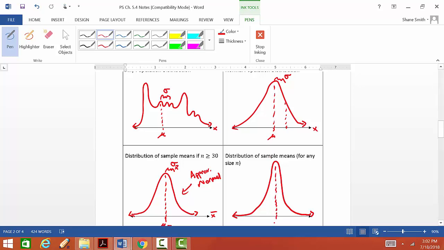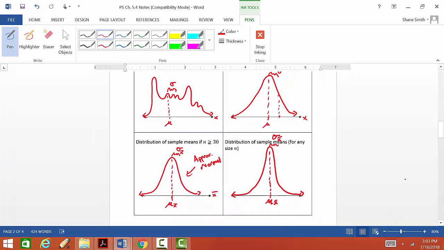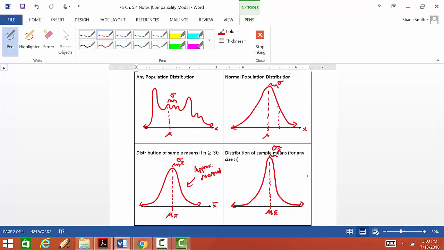And that's because the standard deviation decreased. Remember, your standard error is sigma sub x bar, and that is going to go down as your sample size increases. So even if you know your population is normally distributed, it's still worth it to get a larger sample size, because a larger sample size reduces the variance among the sampling distribution of sample means.